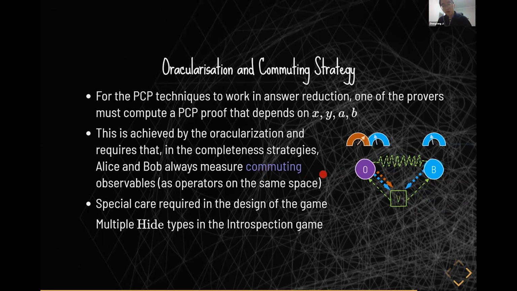We are not talking about Alice and Bob measuring, because in this tensor model, Alice and Bob's operators are always commuting. What we're talking about is if you move Bob's operator to Alice's side, then these operators are commuting. And that's a special technical thing that we need to take care of. Otherwise, we won't be able to do this oracleization step.